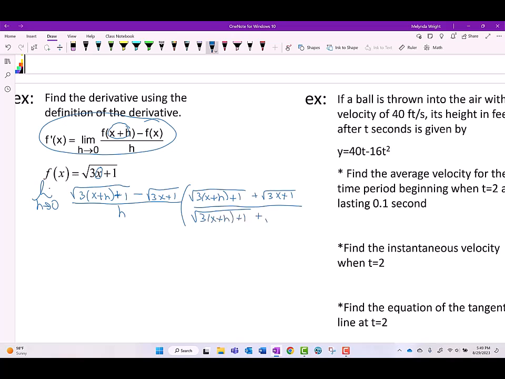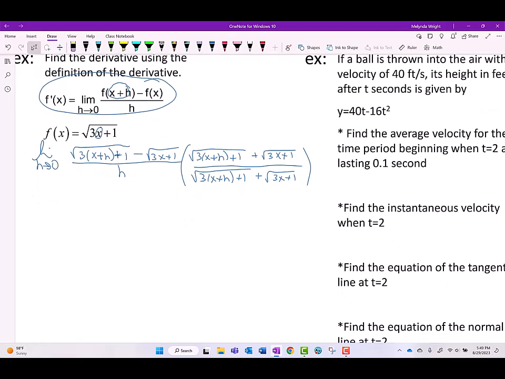And this is looking a little bit crazy, right? Yeah, there's a lot going on, but it's going to clean up pretty quickly. So the nice thing about conjugates is that when we multiply them by themselves, the foiling business, first, outside, inside, last, the outside and the inside go away. So I'm just doing first times first, which gives me 3 times x plus h plus 1.